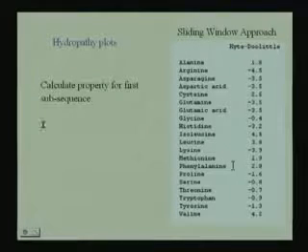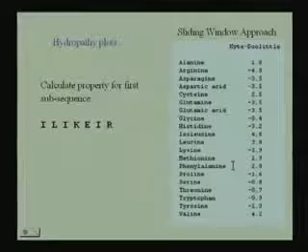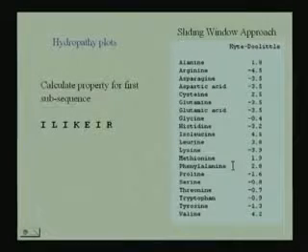What do I mean by a subsequence? Say I have this as my amino acid sequence. Let us just write this down. I is isoleucine. Then we have leucine, another isoleucine, lysine, glutamic acid, isoleucine, arginine.